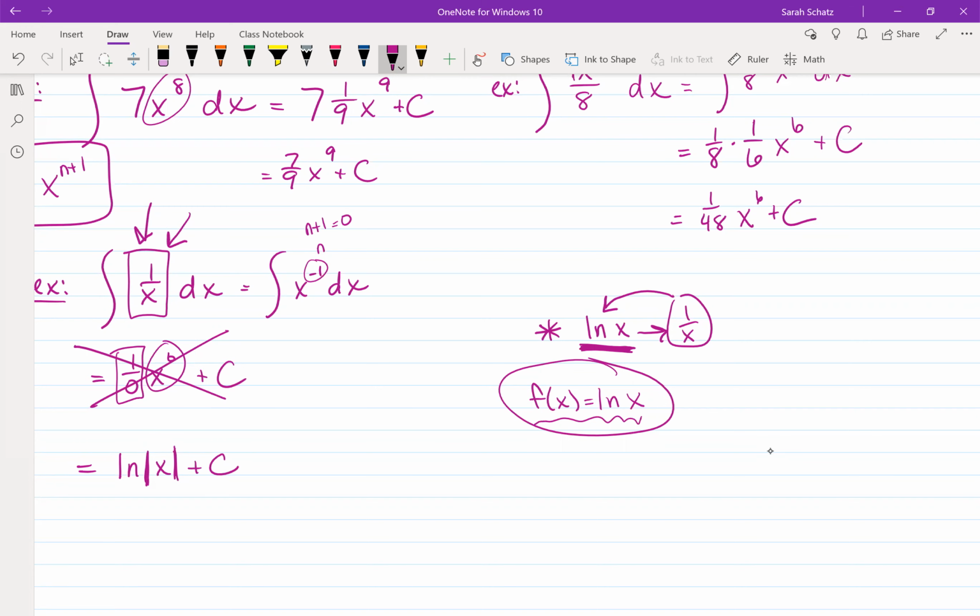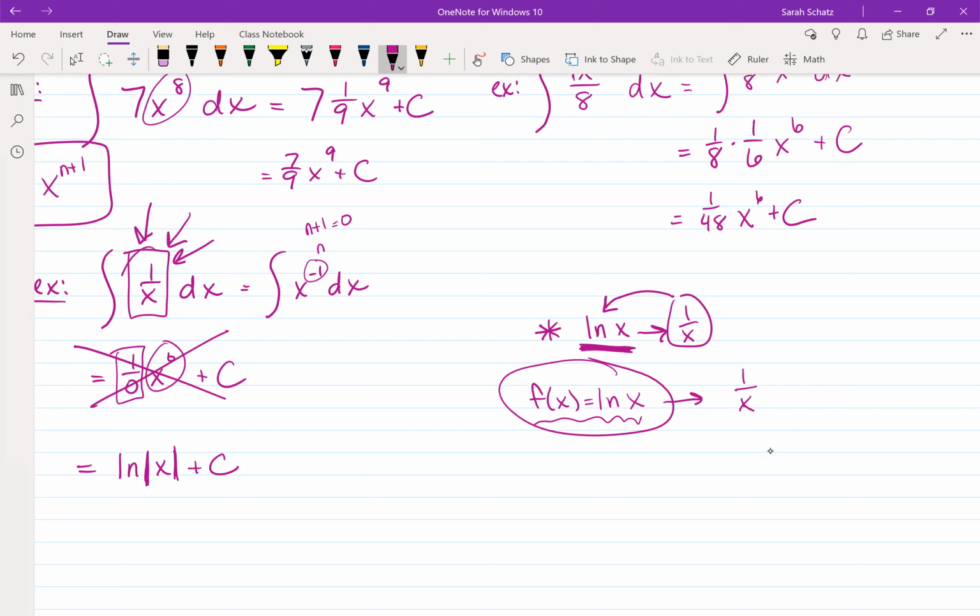Because they wrote it in function notation, they gave it to you as a problem, you can assume that it's positive. And when you take the derivative, you just write 1 over x. And when x is on the bottom of a fraction, notice it doesn't matter if it's positive or negative. So we just never had to think about the sign of x being a possible issue. But did they give us the natural log in this equation? They didn't. We are the ones who put it in there.